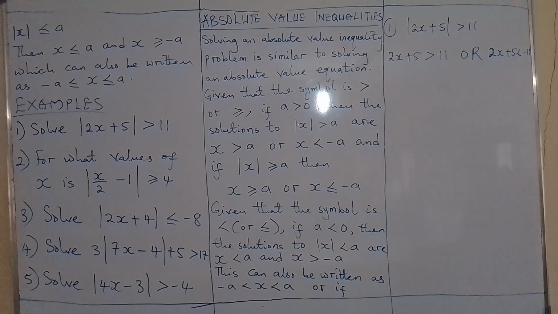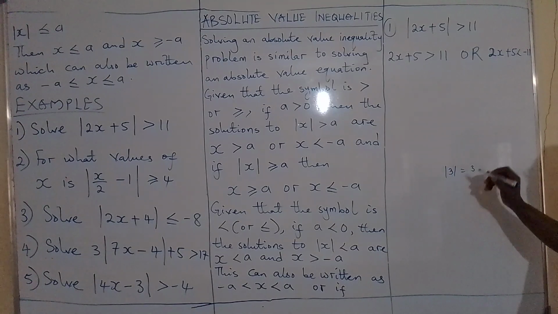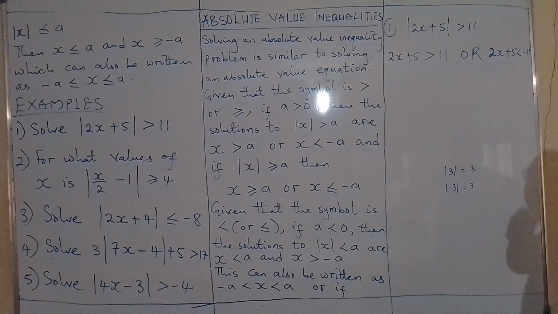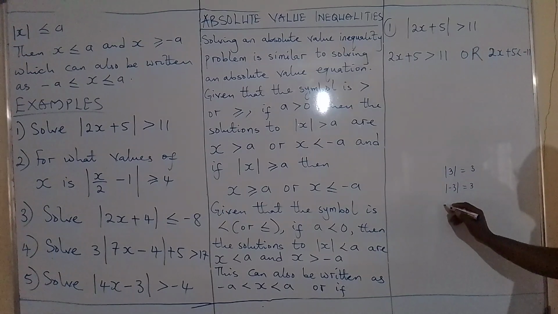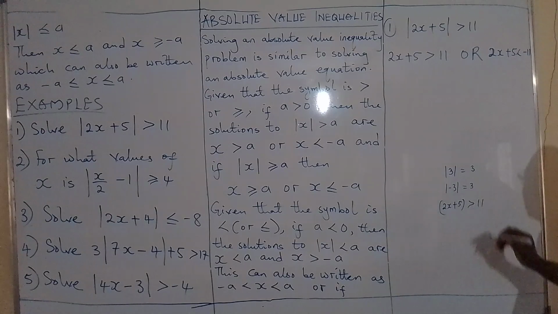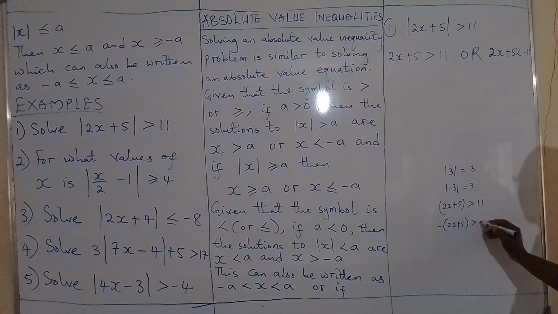There's also another way you can picture it. You can still use this idea that the absolute value of 3 is 3. The absolute value of negative 3 is 3. So if 2x plus 5 is greater than 11, it also means that minus 2x plus 5 will also be greater than 11.